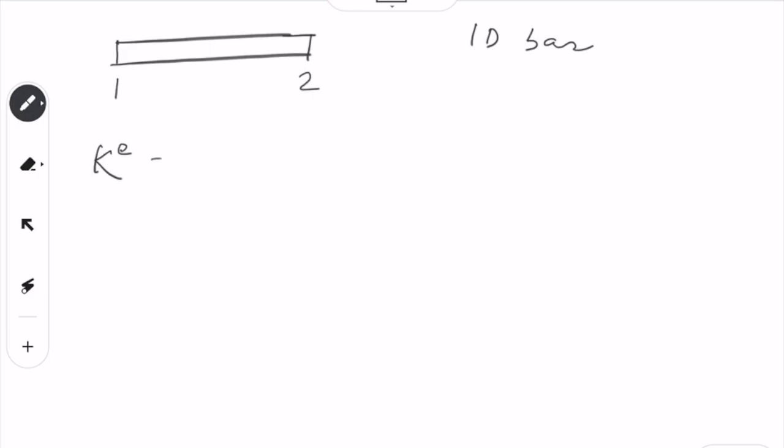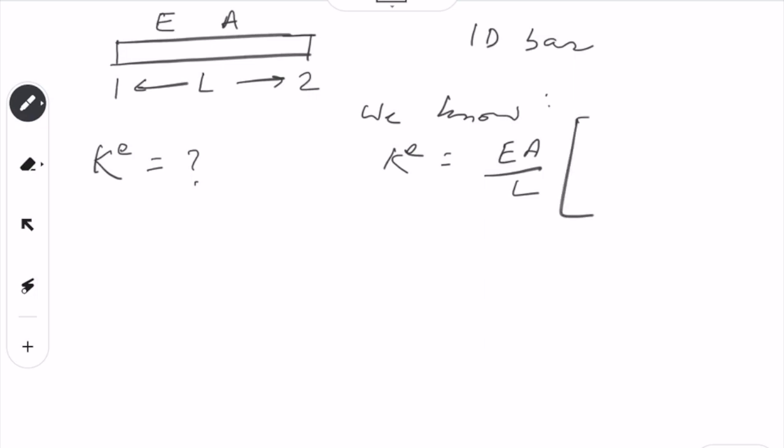We know already from the previous class that if E is the Young's modulus, A is the area, L is the length, then Ke is equal to EA over L times the matrix 1, minus 1, minus 1, 1.